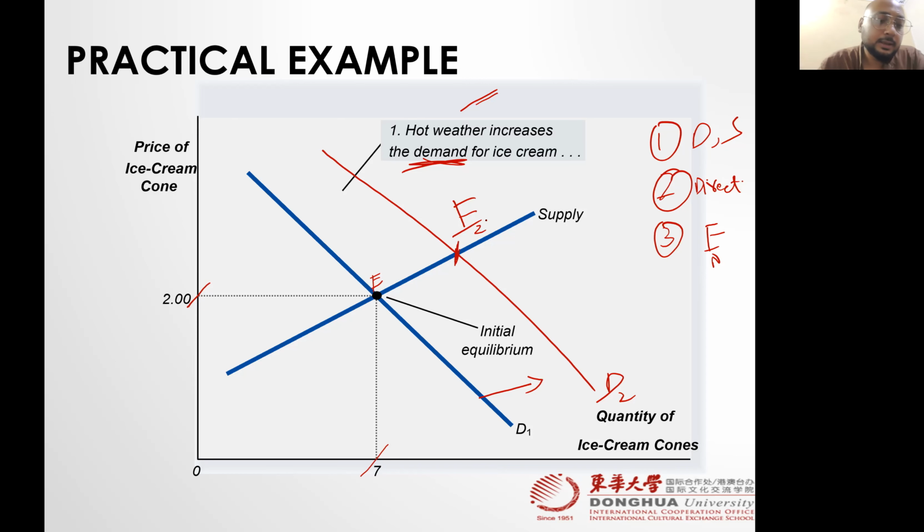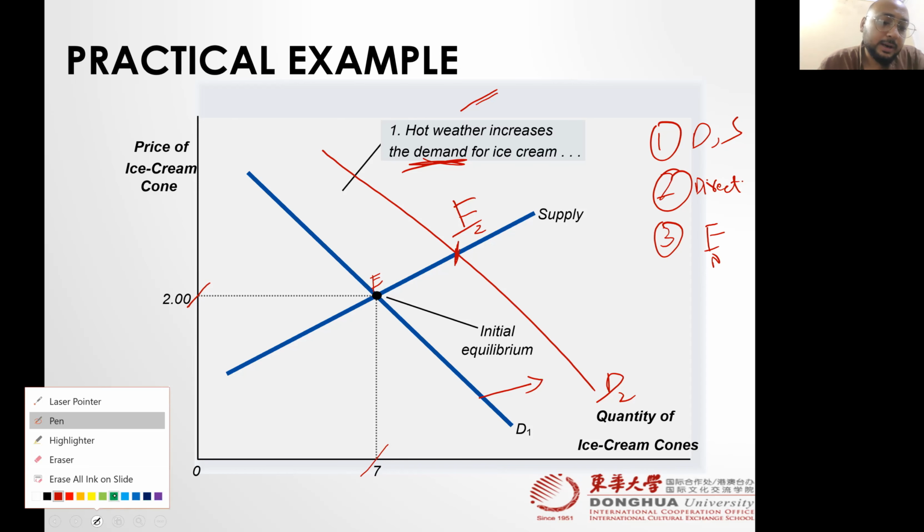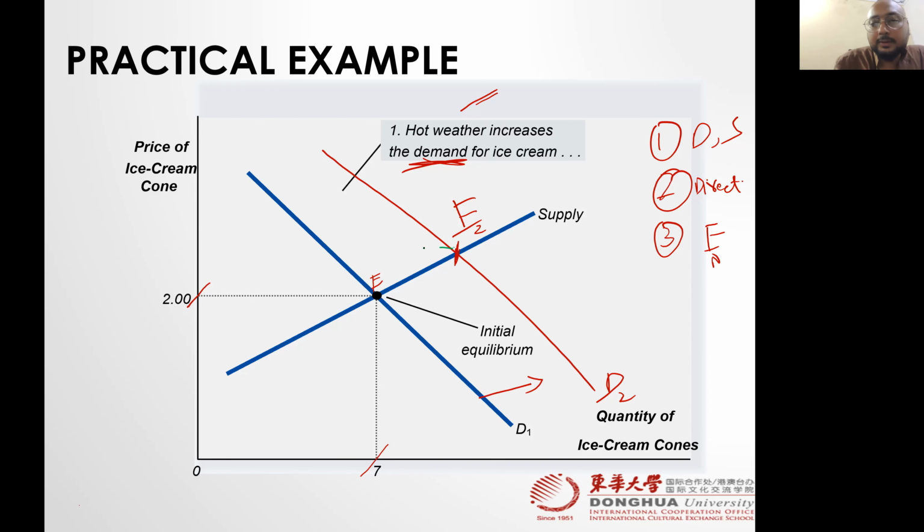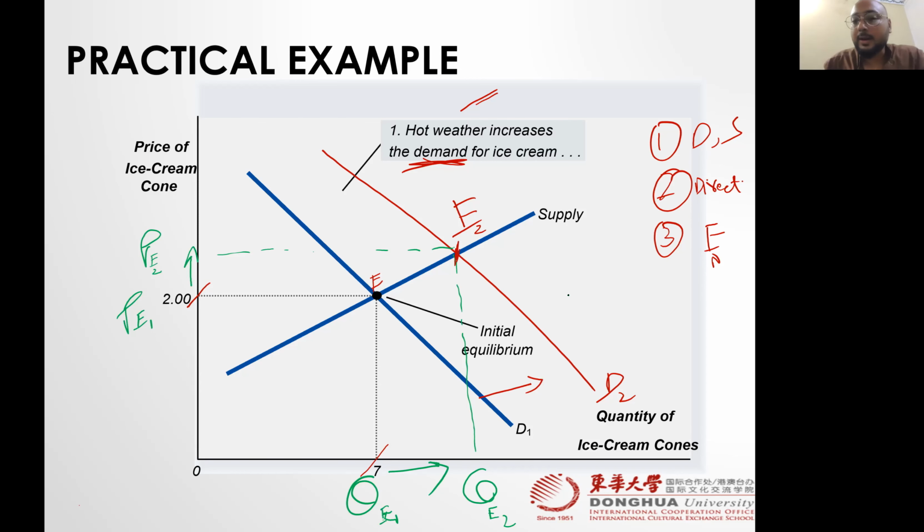Now what happened to the market price? The equilibrium price has now increased. What happened to the quantity? That is the previous equilibrium quantity, and that is the new equilibrium quantity 2. What is the result here? The result you must write down.